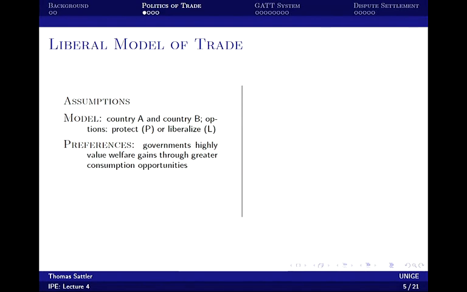So it's actually not entirely clear what the second best option is. What I said here is that I protect and the other one liberalizes equal to liberalization by me and protectionism by the other. Here I protect my jobs, here I can consume more, right? We don't know. It doesn't matter. And the worst option is a closed economy, right? That's pretty clear.